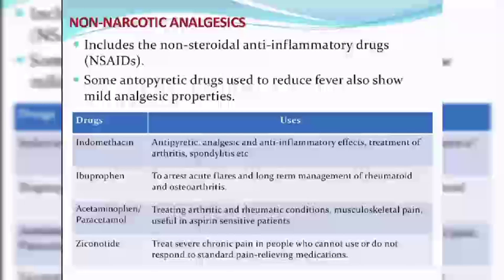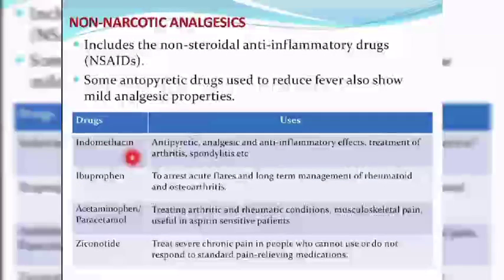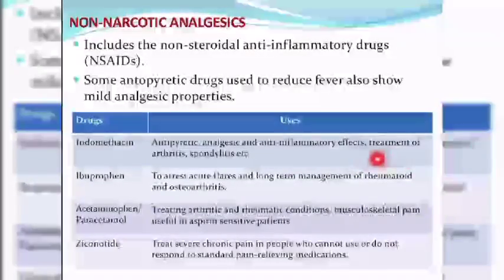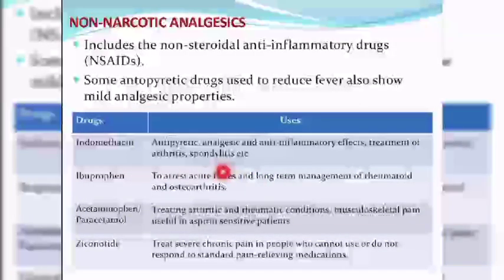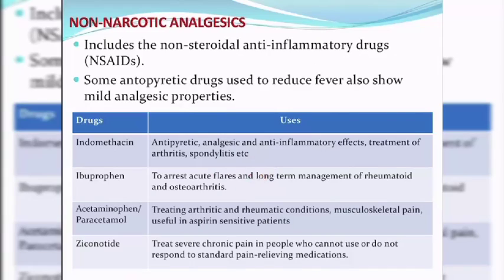What are the examples? Indomethacin is an example of a non-narcotic drug. It has been used for antipyretic, analgesic and anti-inflammatory effects, and is used in the treatment of arthritis and spondylitis, etc. And next is ibuprofen.